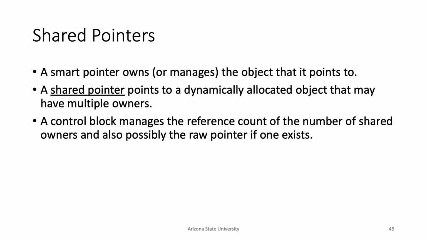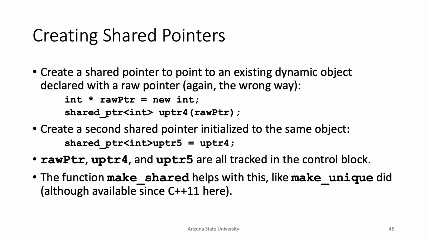The cool thing here is that now we can manage how many things are pointing to this object. What happens if this reference counter is now decremented to 0? Then we can delete the data, because now we can ensure nothing's pointing to it. And so we won't have a dangling pointer anymore. That's one of the nice things about shared pointer.